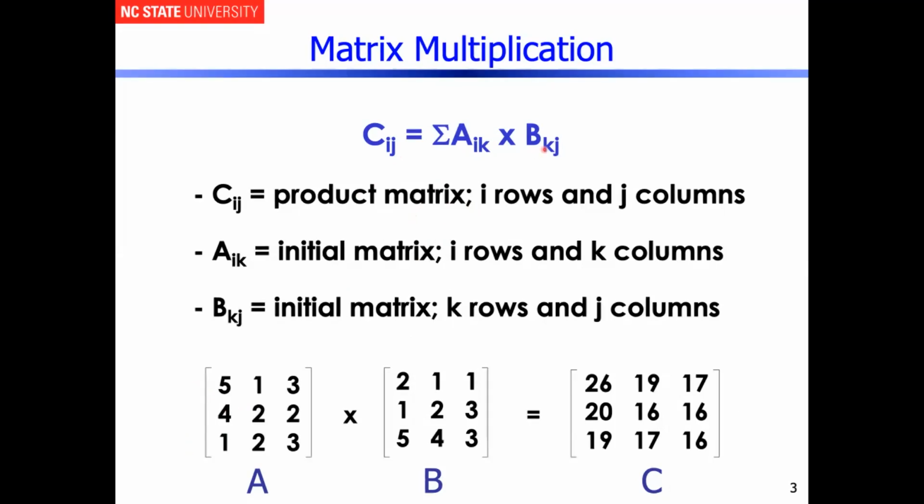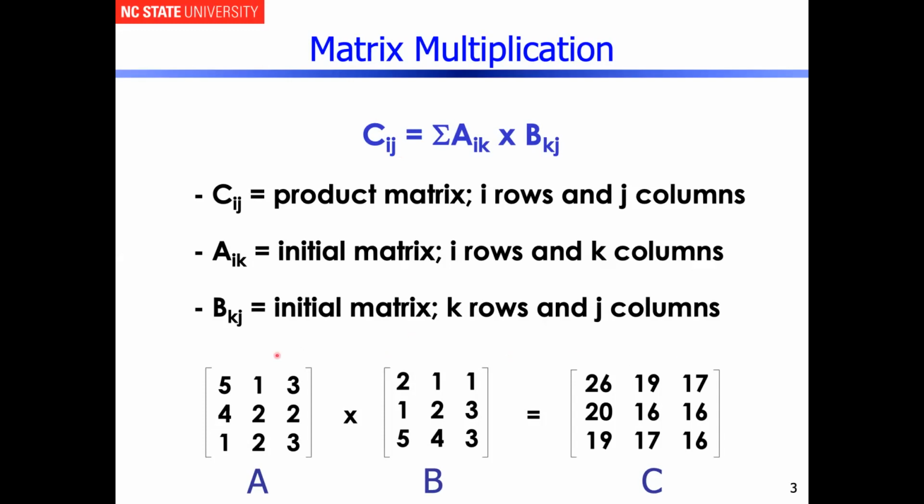And then you get the number of columns from matrix B, and matrix B has J columns, and that's 1, 2, 3. So you're basically multiplying a 3 by 3 matrix by another 3 by 3 matrix, and in fact, that simply gives you a 3 by 3 matrix in terms of the product.